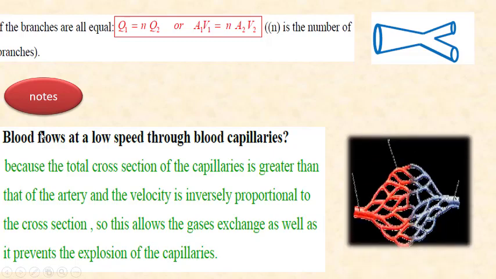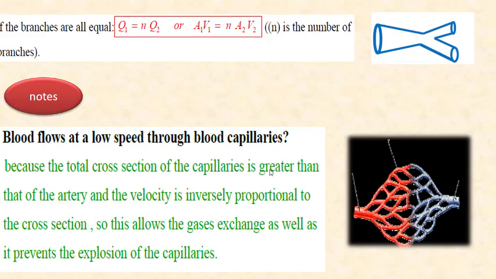blood flows at low speed through the blood capillaries. You know from biology that the largest artery is the aorta, which distributes the blood through blood tubes, arteries, to all body parts. These arteries are divided into smaller tubes known as blood capillaries.